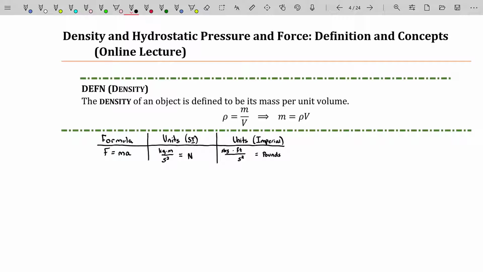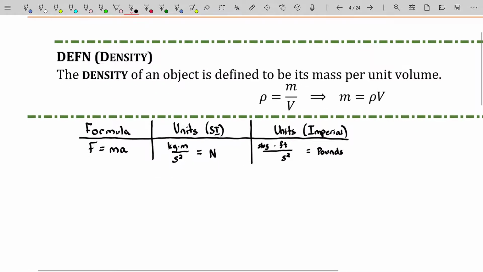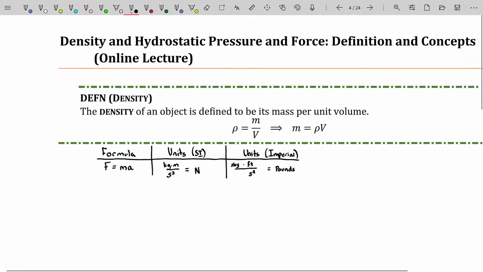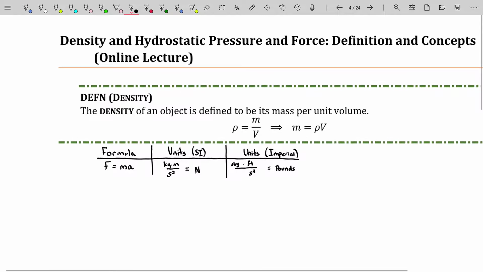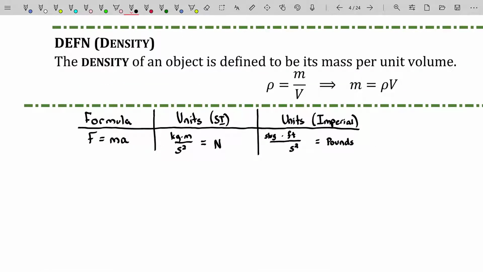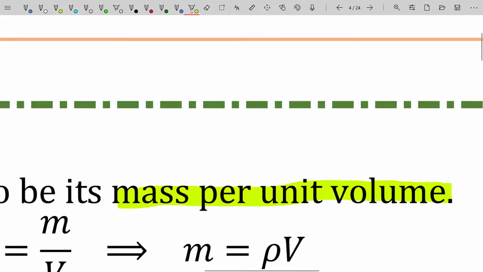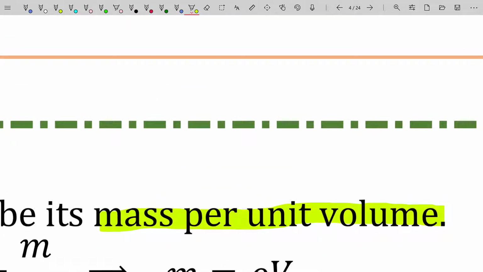So let's dive into density, because you need to know that before you can start talking about hydrostatic pressure and hydrostatic force. The density of an object is defined to be its mass per unit volume. Forget about the symbols down below and just think about the language.